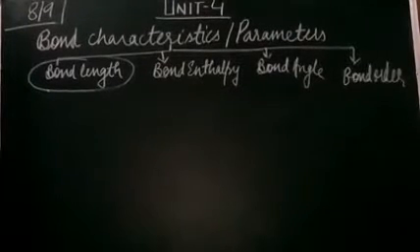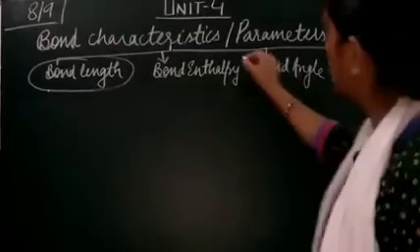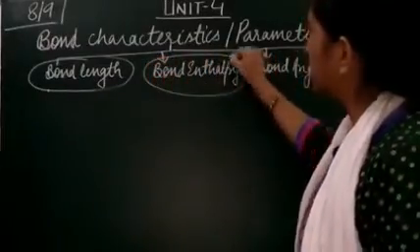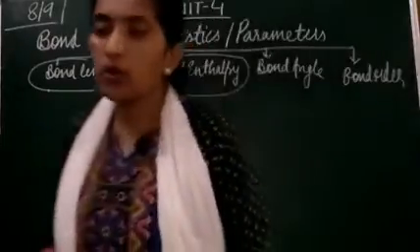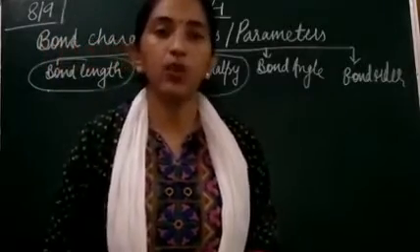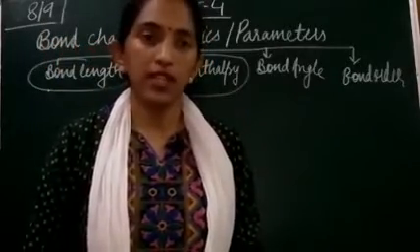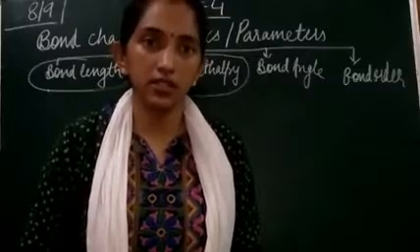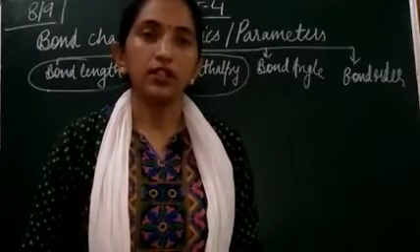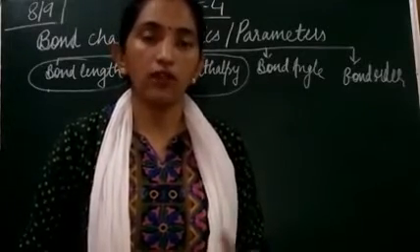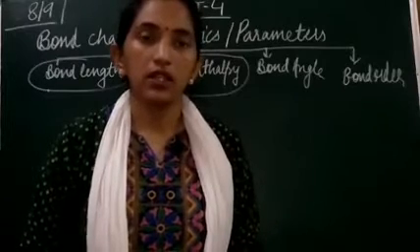Next, we are going to discuss the bond enthalpy. Now, what is the bond enthalpy? You know that whenever a bond is formed between two atoms, energy gets released. As a result, the potential energy of the system or of the two bonded atoms gets lowered.